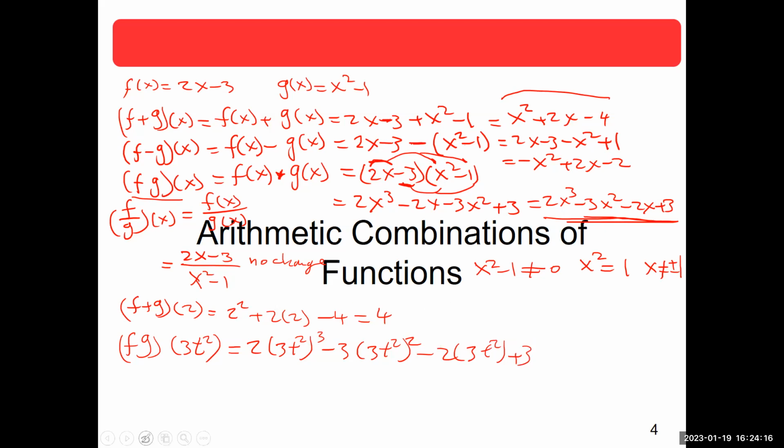Okay, I'm going to show you something here. Do not say 2 times 3t squared to the power 3 equals 6t squared to the power 3. No, that's a mistake, because of this power, you cannot get it in. Another wrong answer is that you say 2, 3 to the power 5.